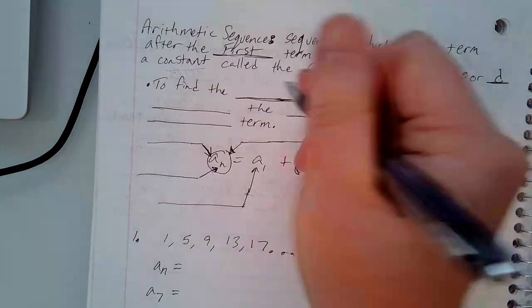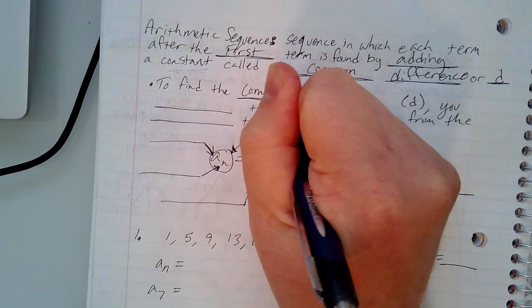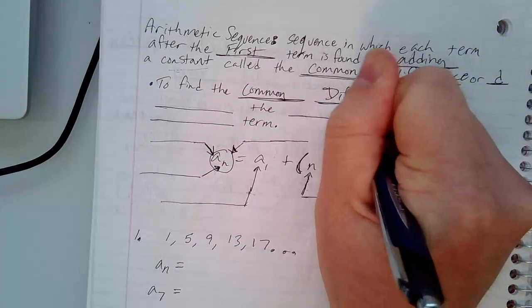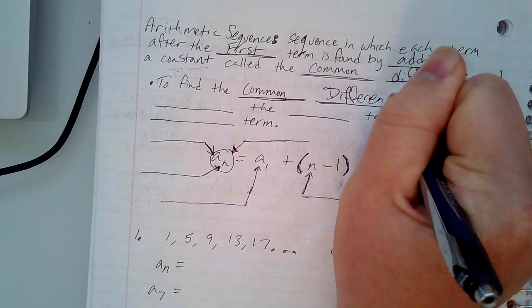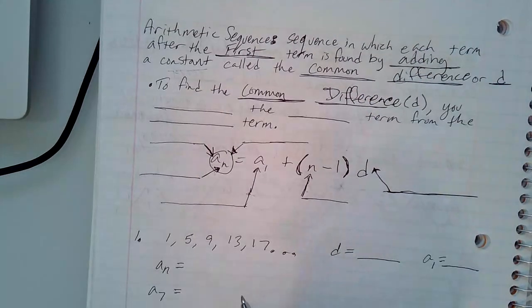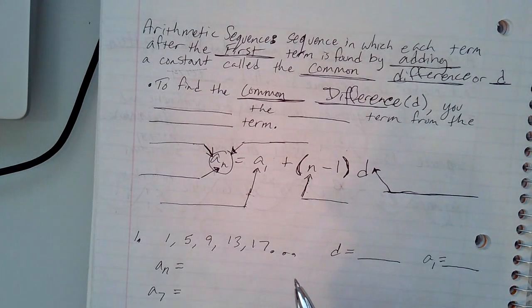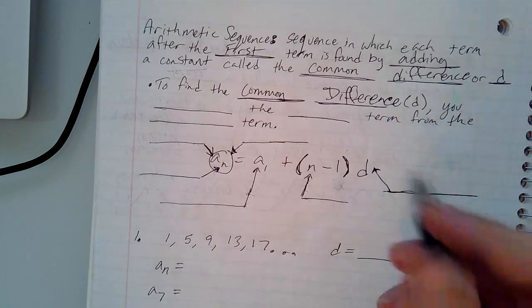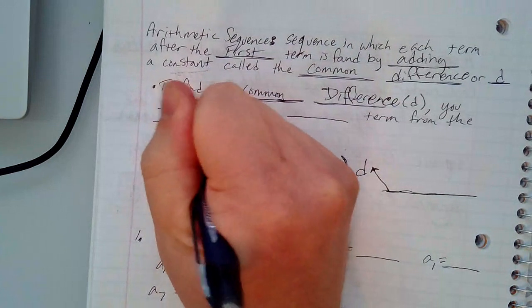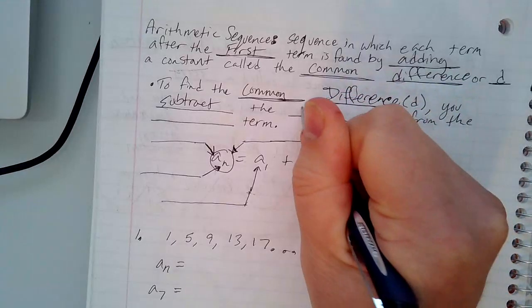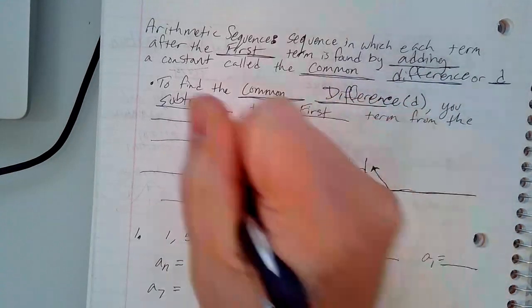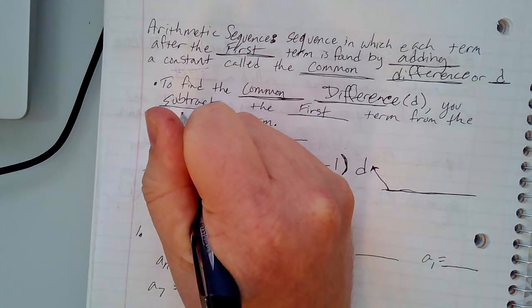Now, to find the common difference, you will subtract the first term from the second term.